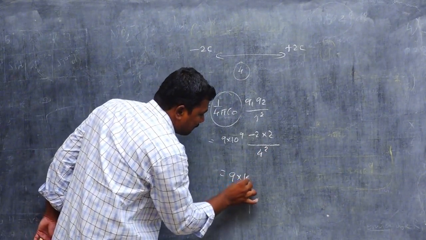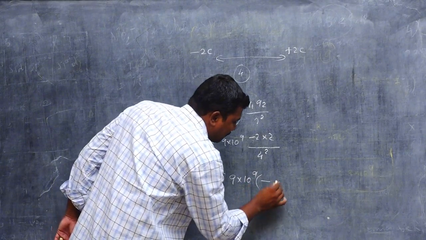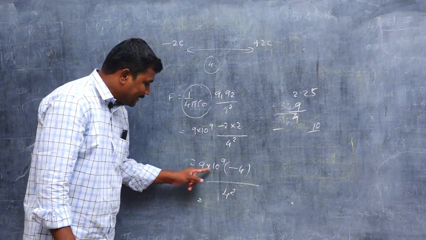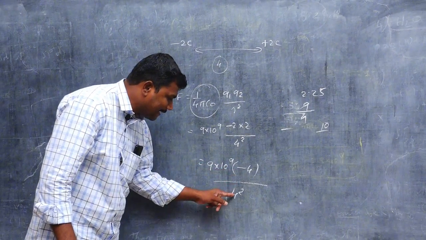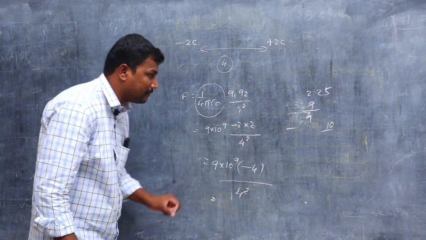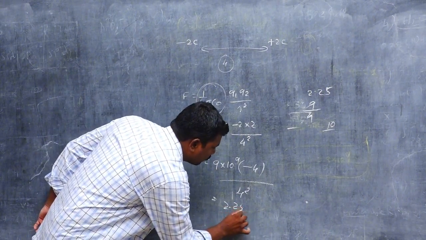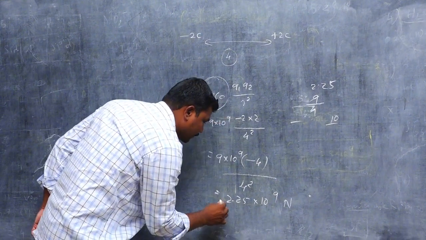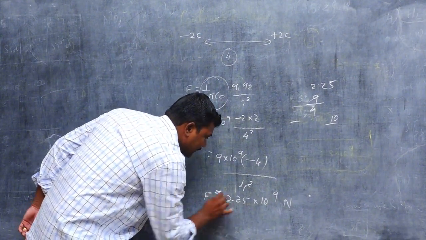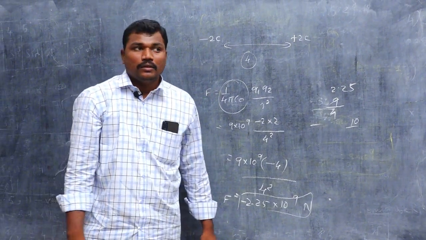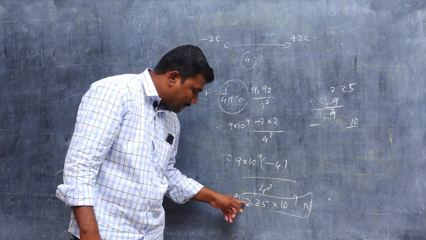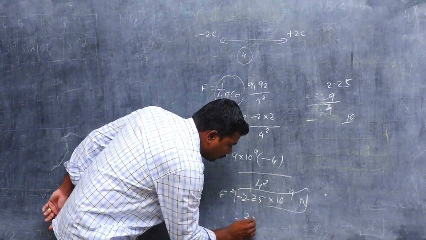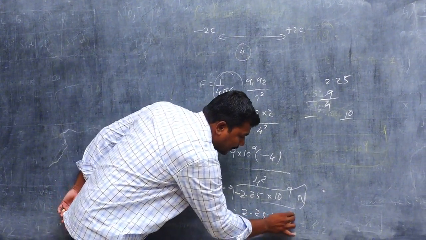So 9 into 10 power 9 times minus 4 divided by 4 square, which gives 2.25 into 10 power 9. The unit of force is Newton. Sometimes the answer may become minus, but we take the magnitude. So the value is 2.25 into 10 power 9 Newton.